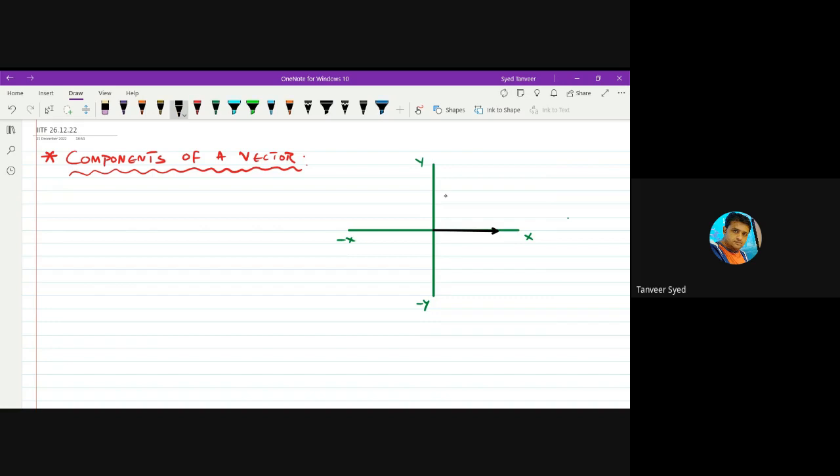This is, let us say, a 10 Newton or 10 unit vector. Its magnitude is 10. And another vector is this. This magnitude is also 10. And this vector is making a 60-degree angle with the horizontal. Let us say this is vector A and this is vector B.